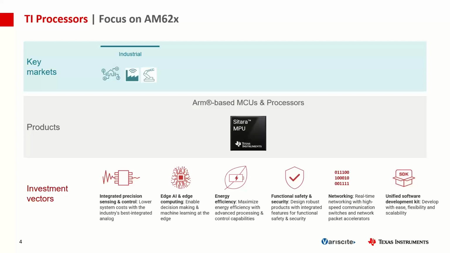And then the investment vectors, I think they do apply across all of the product lines. We don't have a vision accelerator in this device, the AM625 that we're talking about, but you can run our Edge AI SDK, an extension of our processor SDK, on these A53 cores. So those investment vectors still apply across the board, and we'll jump to the next slide here.